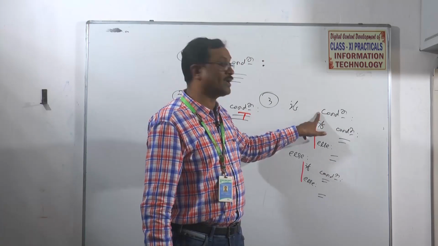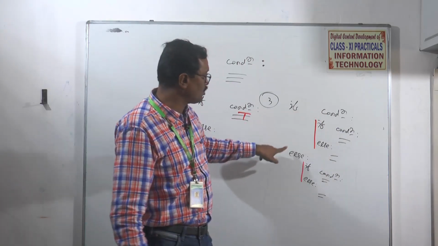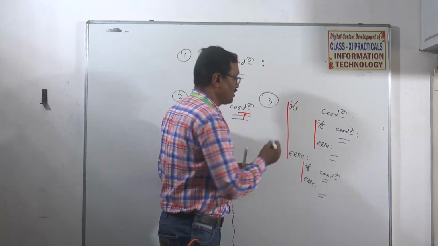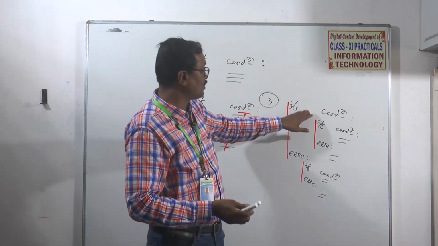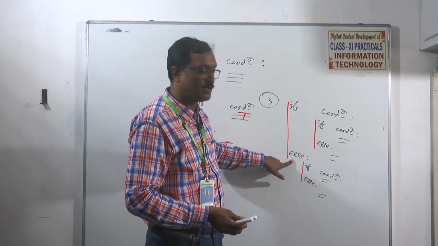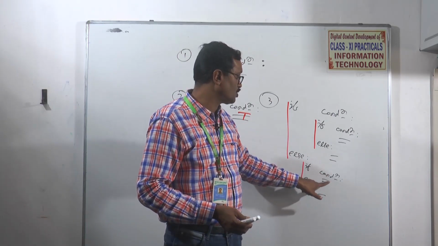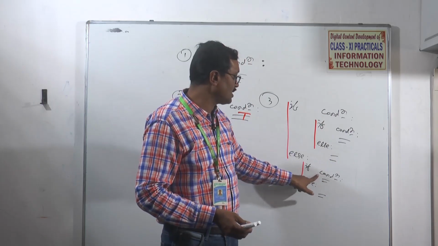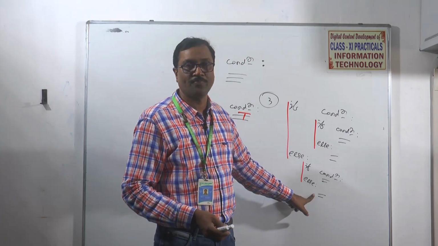But if the first one is false itself, then directly it will come to this else, because of the indentation. Look here. If this one is false, then it will come to this part, and again it will check if this condition is true, this one will be executed. If this one is false, as well as this one is false, then this one will be executed.